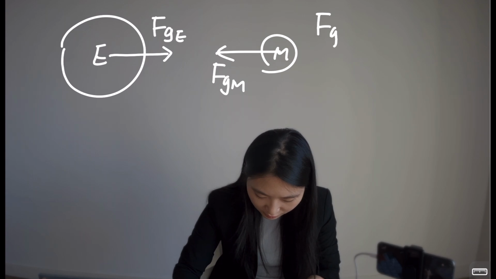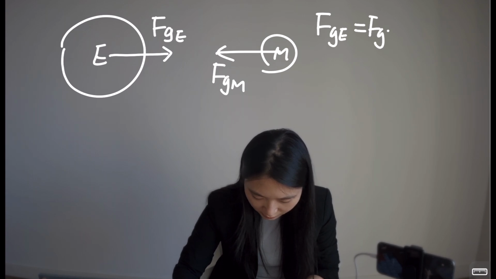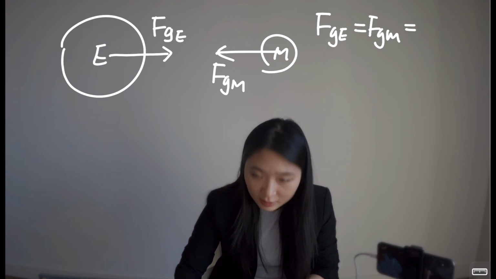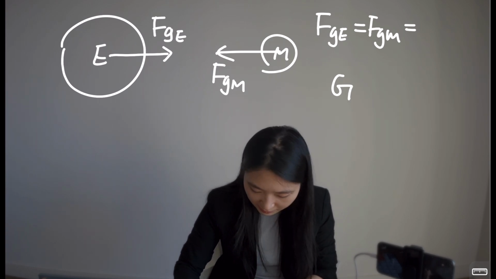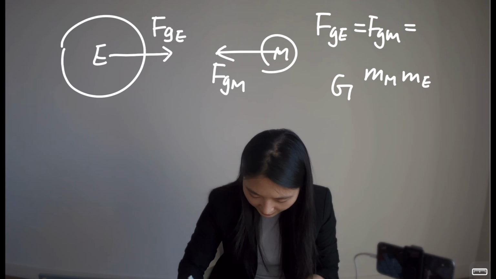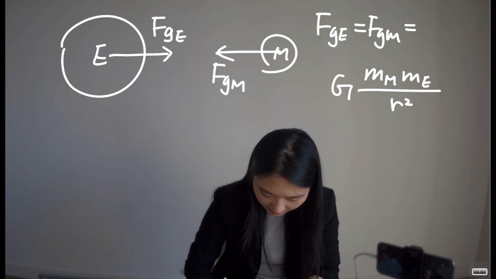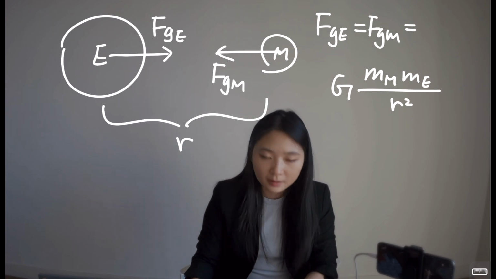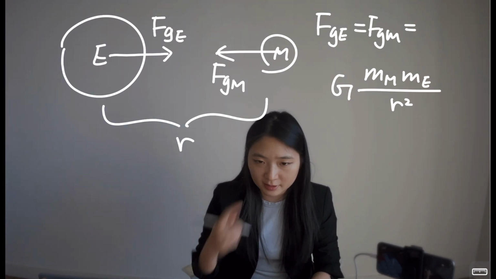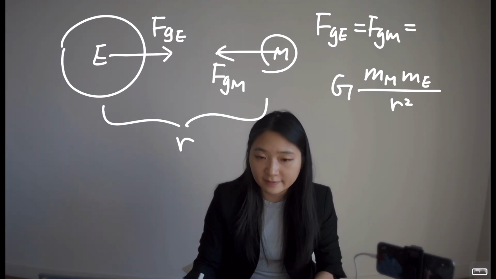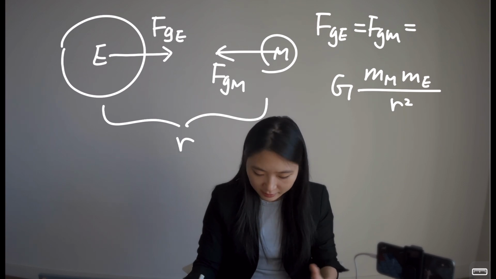Their magnitude would be equal to G, the gravitational constant, multiplied by the mass of the moon multiplied by the mass of the earth, divided by the distance between them squared.